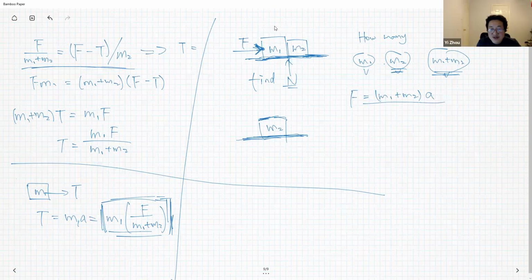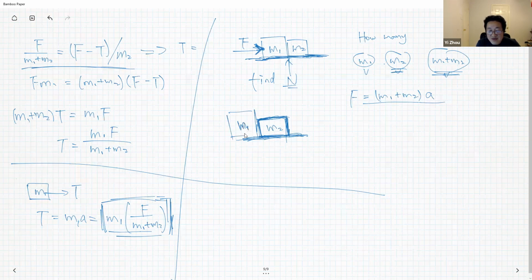Only when you choose M1 and M2 as one object is this F working on them. So if you study M2 alone, how many forces are working on M2? Look at M2. What object is in contact with M2? M1. So what is the force M1 provides to M2 called?